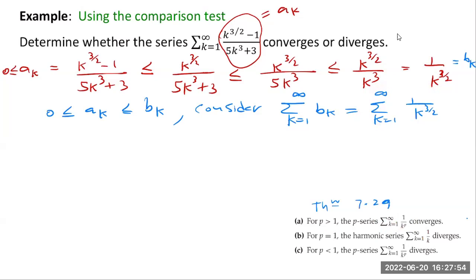But notice that we have this inequality. The sum k goes from 1 to infinity of BK converges. That means by the comparison test, this series should also converge, the sum k goes from 1 to infinity of AK should converge. Let me write the reason here.